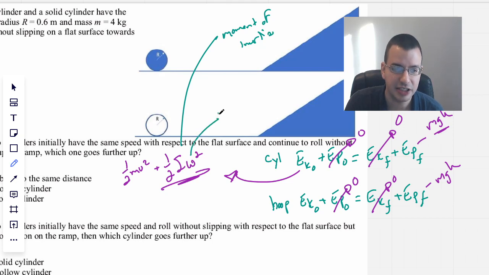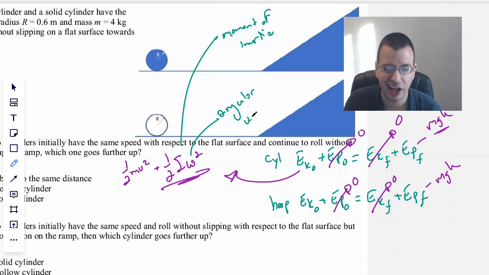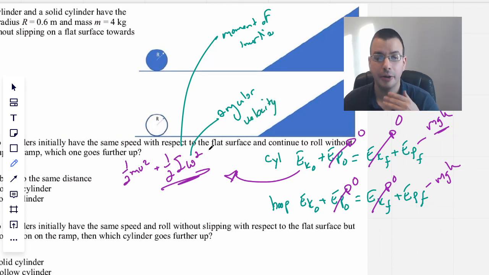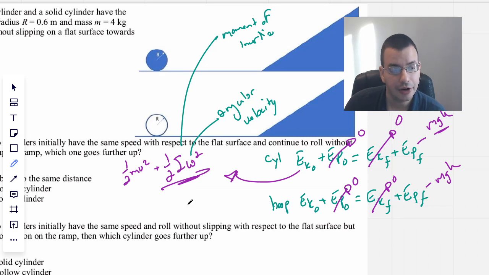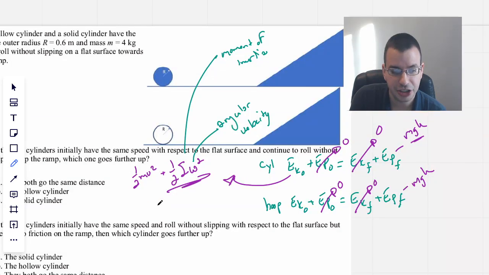And this is angular velocity. I guess it's probably speed because I don't have a little vector thing over it. But angular speed, rotational speed. And so this is the equation we're going to use for kinetic energy.